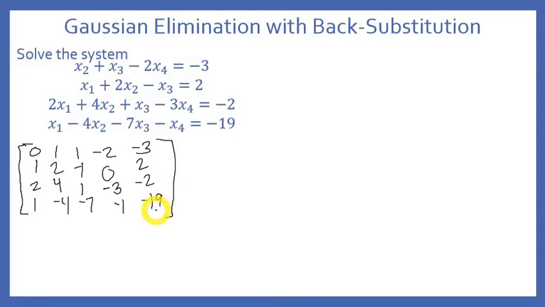So now, we have to use our elementary row operations to turn this into row echelon form. You can actually start in whichever form you like as long as we strictly follow the operations.